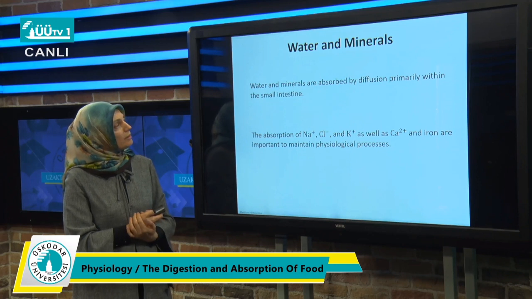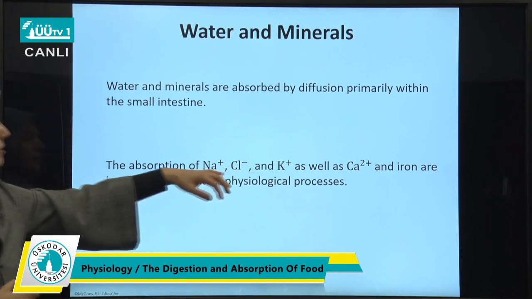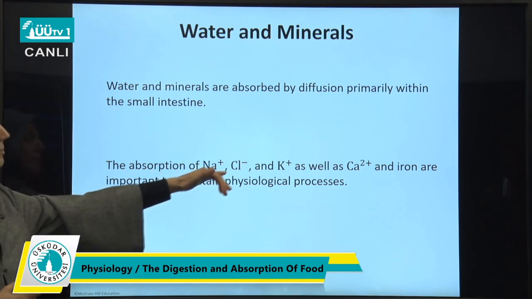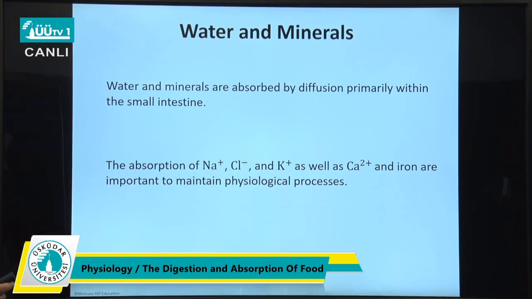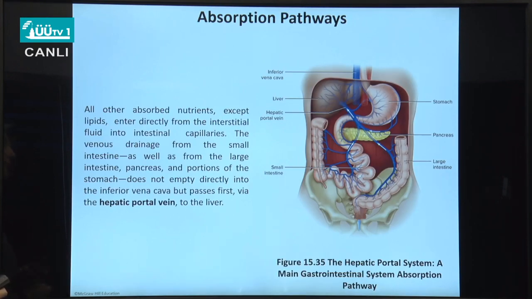And water and minerals, of course, are absorbed either by diffusion or by channel proteins, and the other ions crucial for the physiological functions of our cells, such as sodium ions, chloride ions, potassium, calcium, and iron, are absorbed by the small intestine. And after absorption, they follow different pathways.